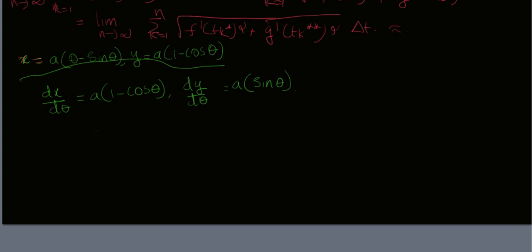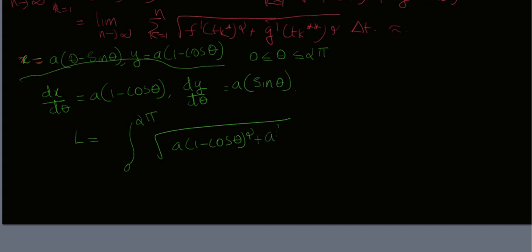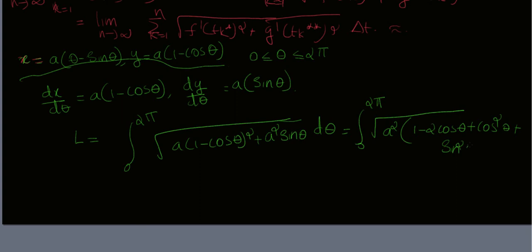So how can we define this? Then length L is equal to, given that theta varies from 0 less than or equal to theta less than or equal to 2 pi, the integral from 0 to 2 pi of the square root of a into 1 minus cos theta whole square plus a square sine square theta into d theta, which is equal to the integral 0 to 2 pi of the square root of a square into, that is common, 1 minus 2 cos theta plus cos square theta plus sine square theta into d theta.